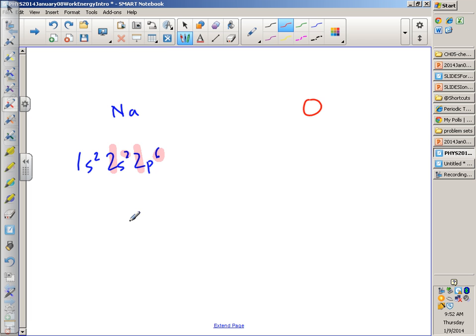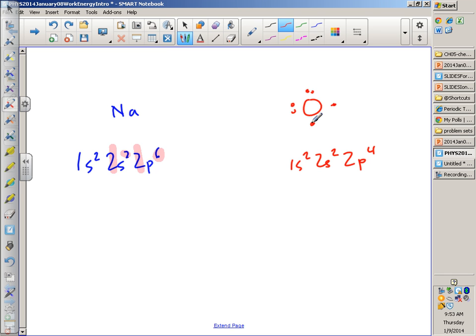All right, so let's talk about oxygen, okay? Oxygen. You look at the periodic table, atomic number of 8, 1s2, 2s2, 2p4. How many valence electrons? 6. 1, 2, 3, 4, 5, 6. Okay?